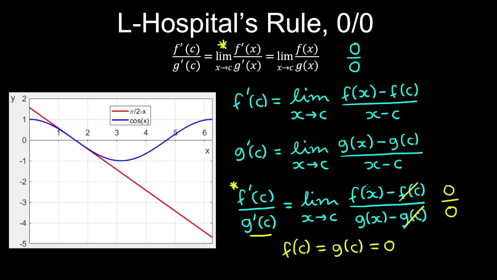So let's quickly have a look at this example. So we have the limit of two functions. So as x approaches c, which is pi on 2 in this case, we can see that we have an indeterminate form of 0 on 0.